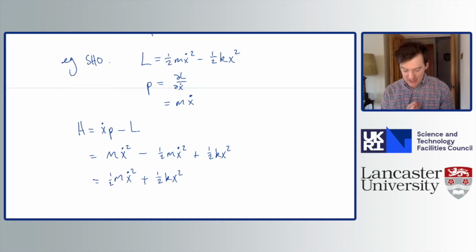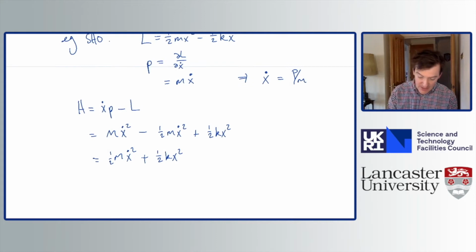Although we've got it in a nice form, the Hamiltonian is a function of p and of the coordinate, which in this case is x. So we have to finish by ensuring that we have this as a function of p. This is trivial to do here because we know p is simply m x dot, so we can get rid of the x dot by substituting p over m wherever we have an x dot. When we do that, we find that the Hamiltonian is p squared over 2m plus a half k x squared.